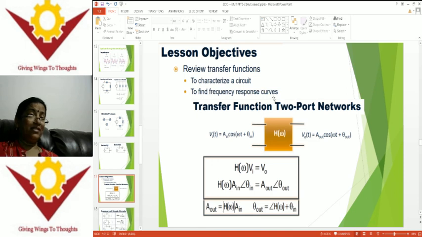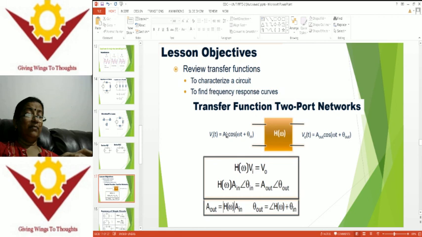For two-port networks in general, we denote the transfer function with H of omega, and the input voltage to this two-port network is a sinusoidal signal: Vi of t, the input voltage, is equal to A in cos of omega t plus theta in.